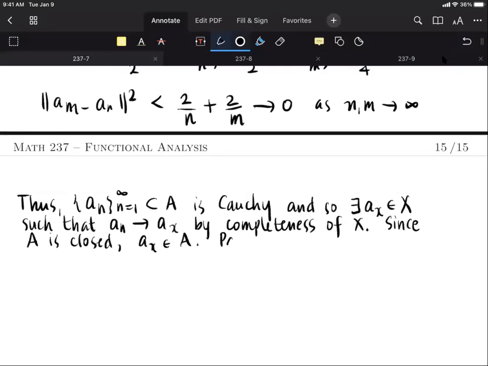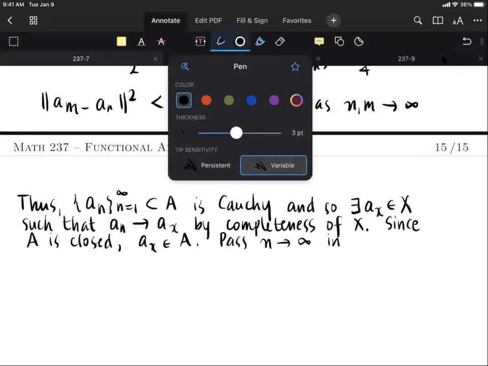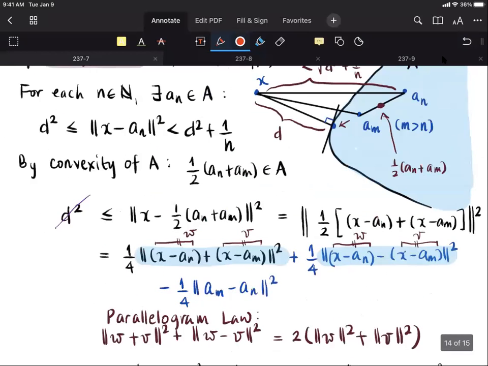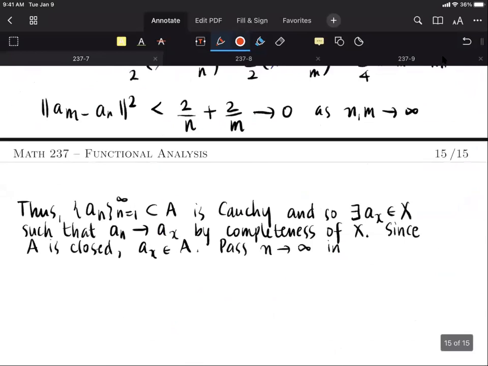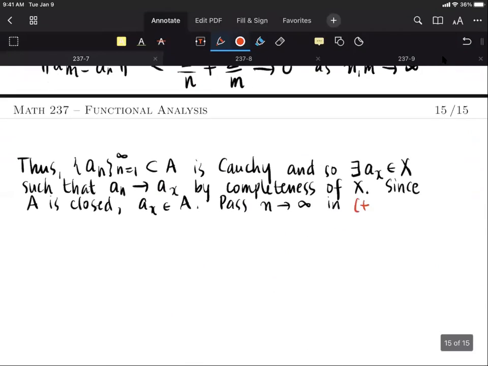And now if we pass n to the limit in this equation here, you apply the squeeze theorem, and then you take the square root of both sides. You end up with the following. So the norm of x minus ax is the limit as n goes to infinity of the norm of x minus an.